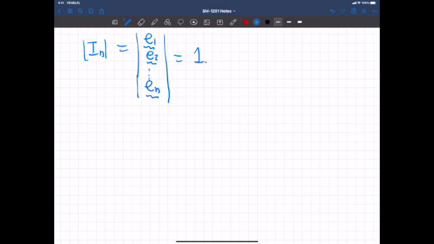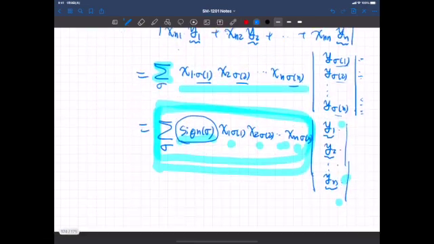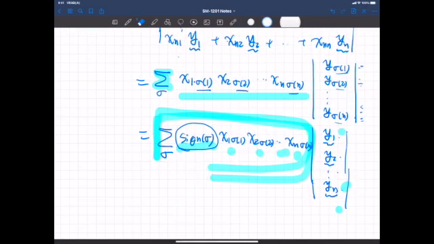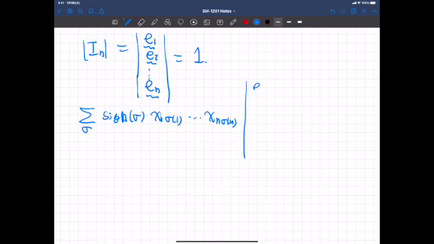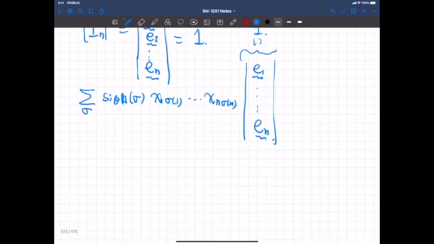Okay, so if we multiply this summation by the determinant of the identity matrix, that doesn't change anything. So the sum of sign of sigma times x1 sigma 1 up to xn sigma n is equal to this times this determinant of E1 to En, because this part is equal to 1, so multiplying by it doesn't change anything.